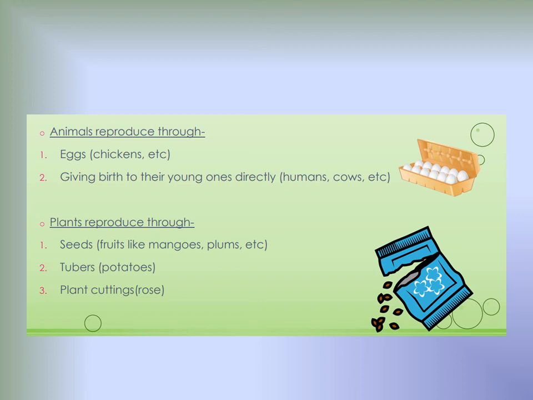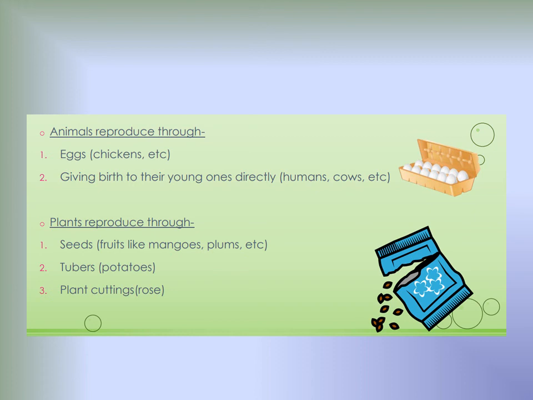some animals or some organisms lay eggs, and from the eggs the new one comes out. And many animals give birth to young ones directly. For example, we have humans, cows, etc. We don't lay eggs. Even animals like cows and goats don't lay eggs. They give birth to the young ones directly.